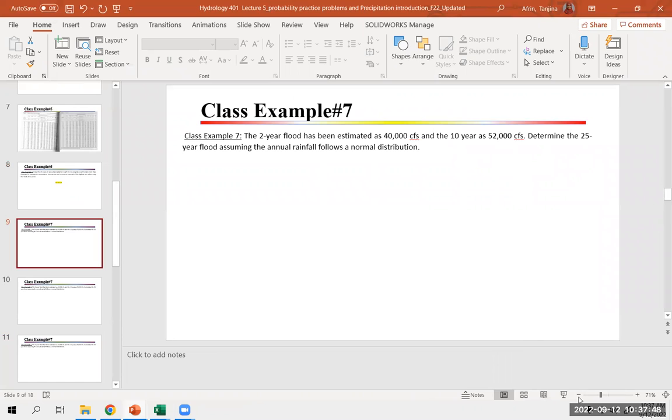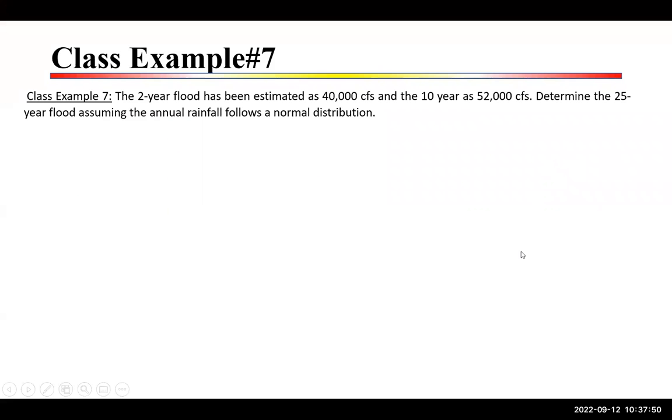Now for class example 7, who will read it? Flood has been estimated as 1,000 seconds, 10-year as 52,000 seconds. Determine a 25-year flood assuming annual rainfall follows a normal distribution. Thank you.